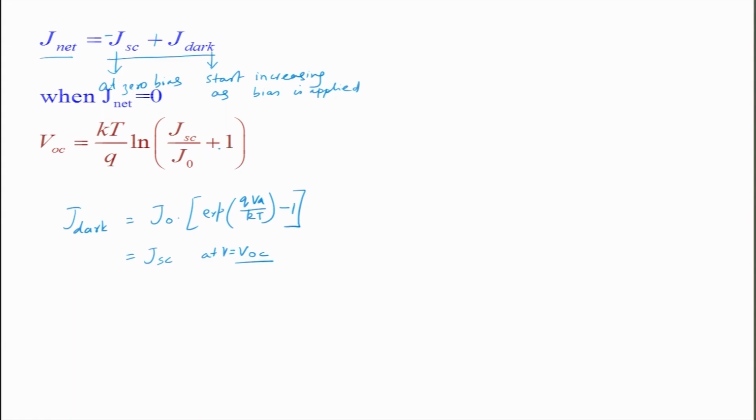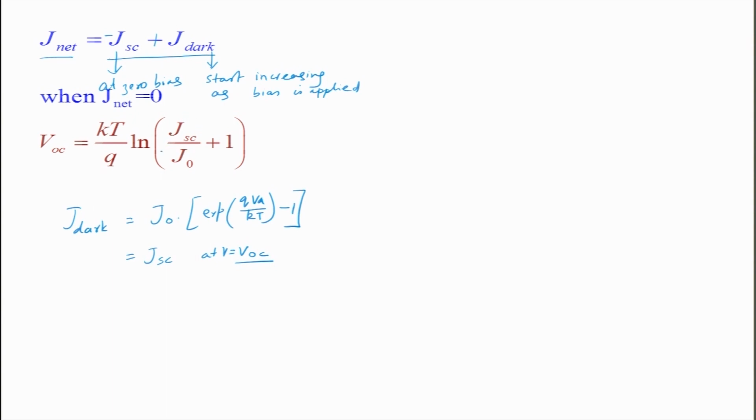So, you can see from this factor, as the temperature increases you will have some increase in VOC, but VOC is quite critically dependent upon the dark current and the short circuit current. It is a function of both dark current as well as short circuit current.